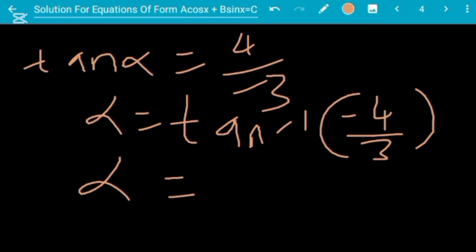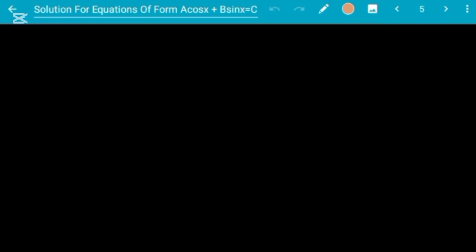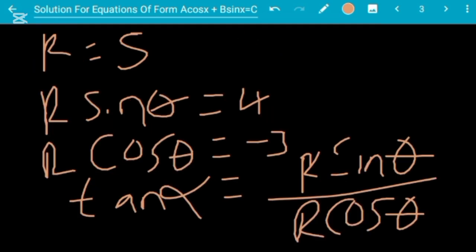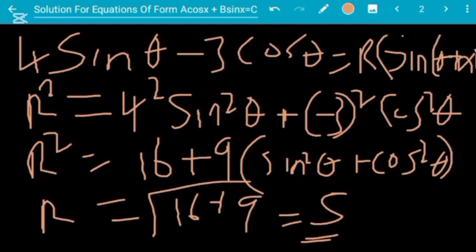Now alpha is equal to minus 53.13 degrees. So this is my alpha. We have gotten our alpha and we know our R.